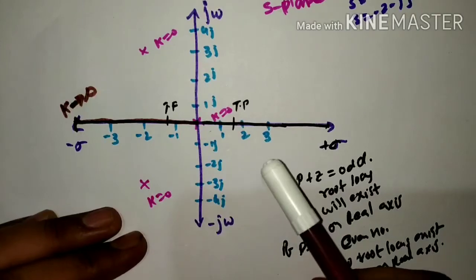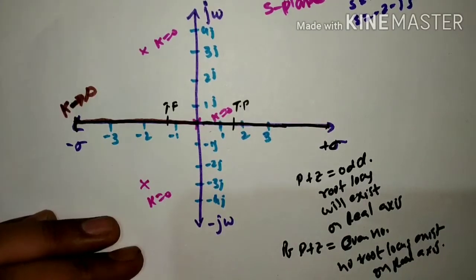Okay. So now the third step is to find the angle of asymptotes and centroid.